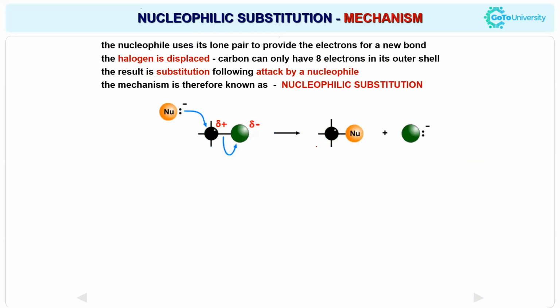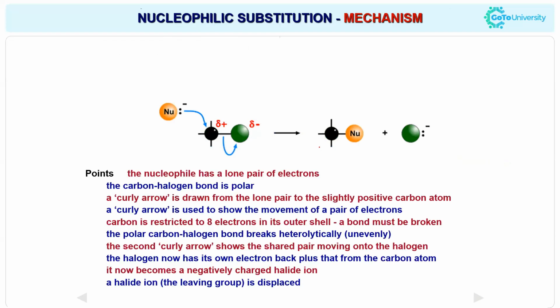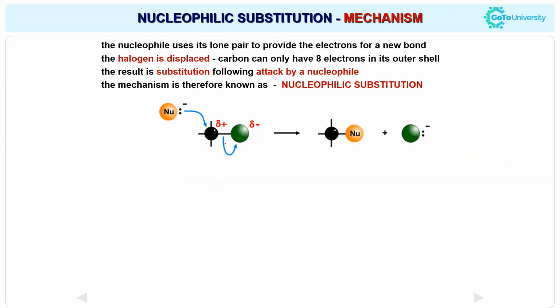So this is how we can represent the nucleophilic substitution. Here we can see the C-Cl bond. This black one represents carbon, and this is the halogen. The C-Cl bond is polar. So during the substitution, the nucleophile, whether it is water, ammonia, whatever it is, will come and attack the positively charged carbon. Why?